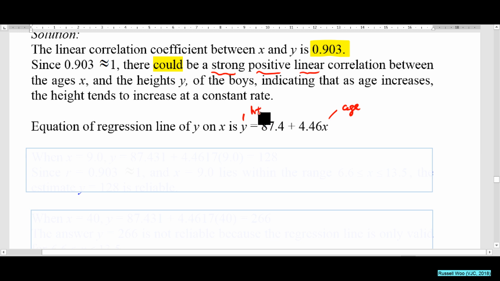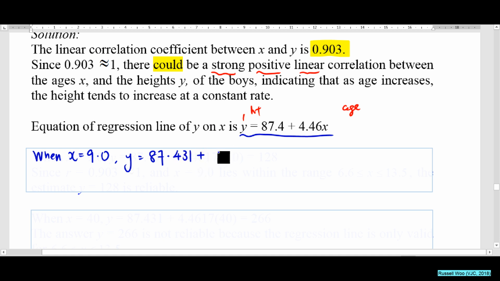When X is 9.0, what is Y? Since I already have your regression line, but I will use 5SF: 87.431 plus 4.4617 times 9.0. By GC, I will get 128.